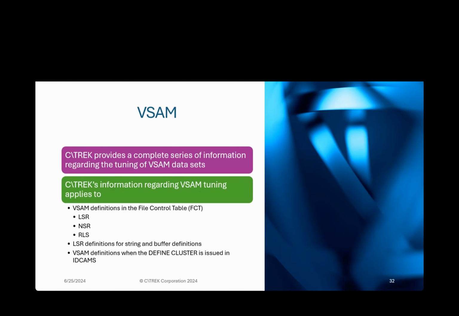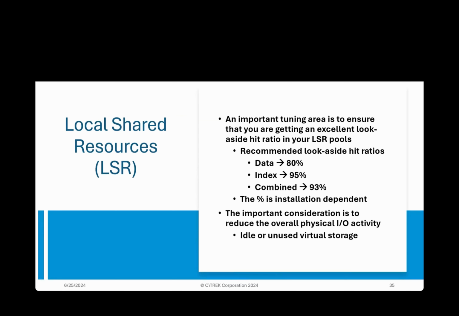And just to show you a couple of the displays, on the LSR side, as I mentioned, remember, there's 28 different CI sizes in VSAM, and only 11 of them are defined in the LSR pools. The interesting thing is RLS has a better distribution. RLS uses 2K instead of the normal 4K which LSR uses.